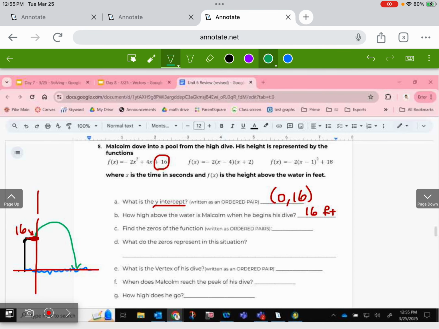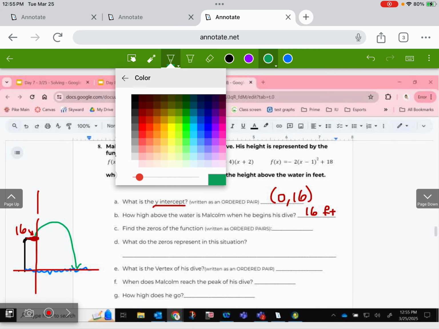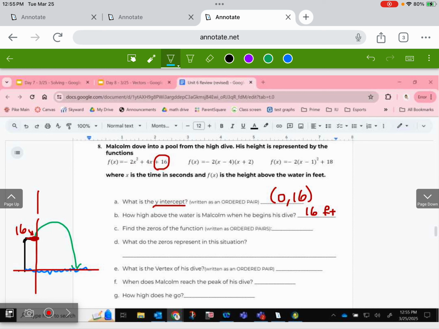What are the zeros of the equations? Where are we going to find zeros? I was going to say, we can look at the factors, right? So we have factored form here, so we don't actually have to do the work ourselves.